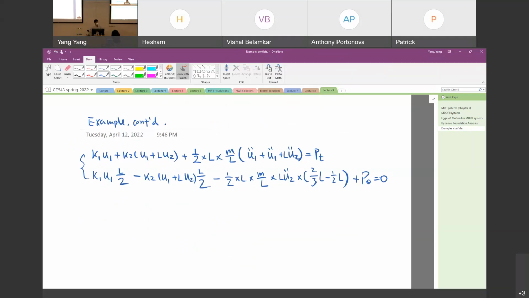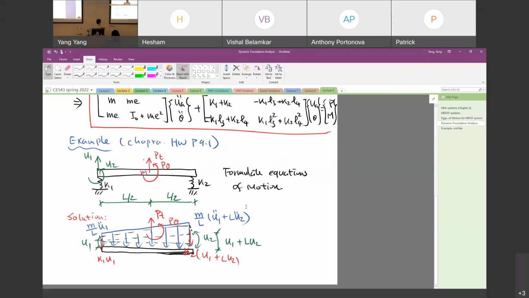Does this make sense? So we go back to the free-body diagram. We take the moment about the center, so we have the moment K1 times U1 times L over 2 as positive, and we take counterclockwise as positive. This one minus this force times the moment arm, and then plus the moment induced by this uniformly distributed force.